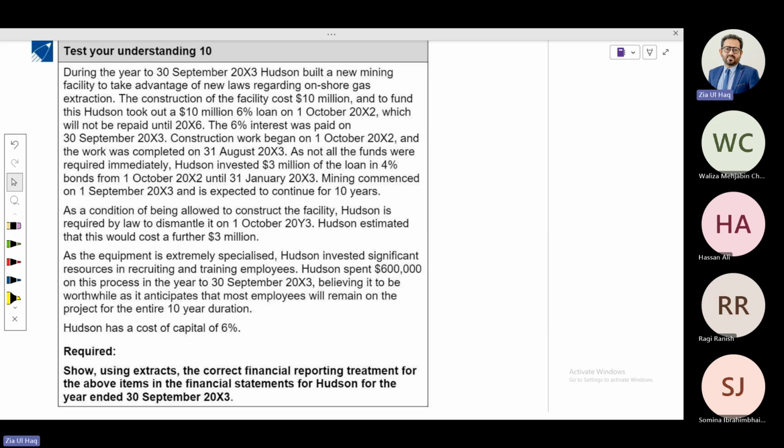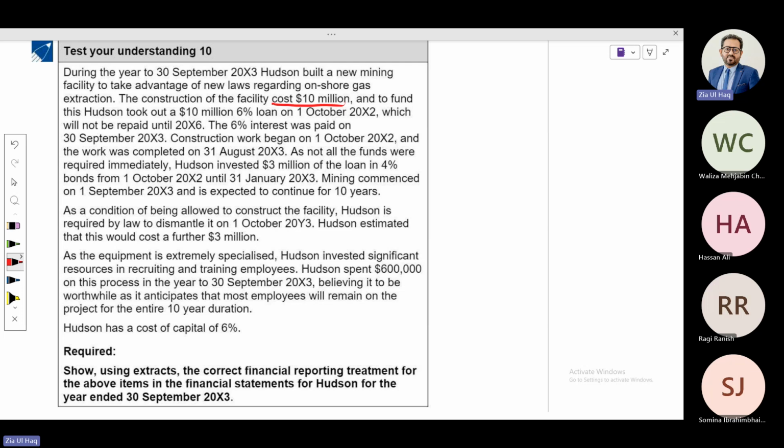So during the year to 30th September 20X3, Hudson built a new mining facility to take advantage of new laws regarding onshore gas extraction. They are going to construct an asset. Simple. The construction of the facility cost 10 million.